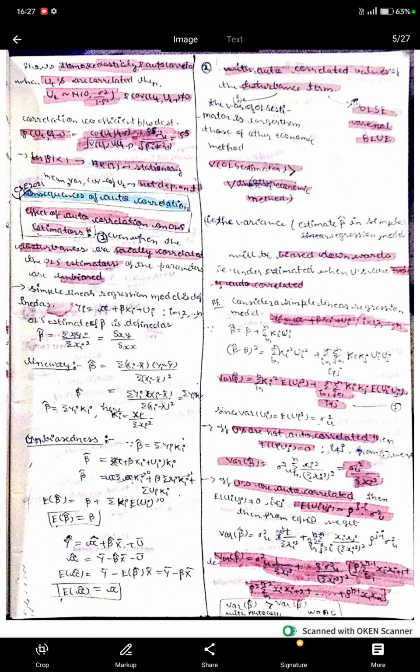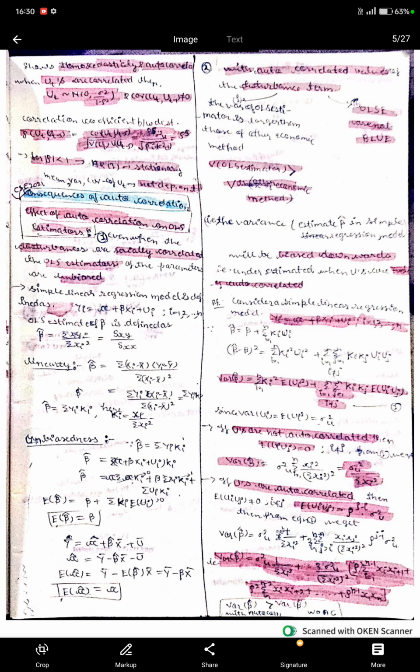u_t and u_{t-s}, rho of u_t, u_{t-s}, equals covariance of u_t, u_{t-s} upon the square root of variance of u_t into variance of u_{t-s}, which is rho to the power s sigma squared u in the numerator, and under the root in the denominator sigma squared u into sigma squared u, which equals rho to the power s for mod rho less than 1.